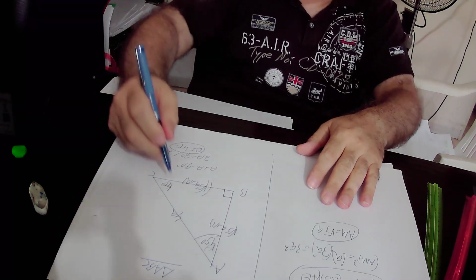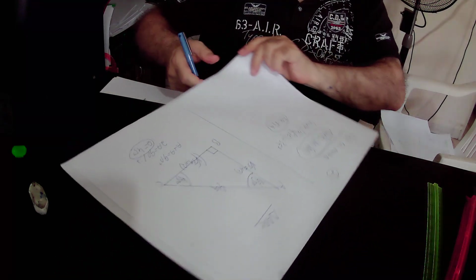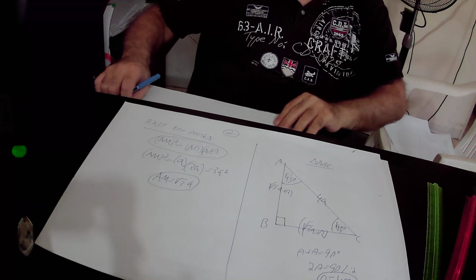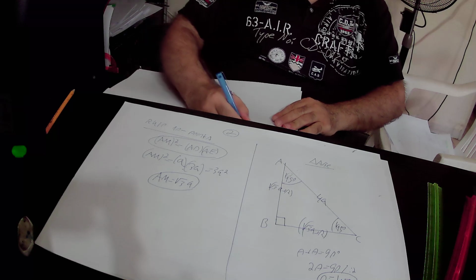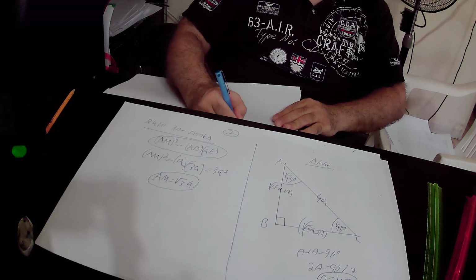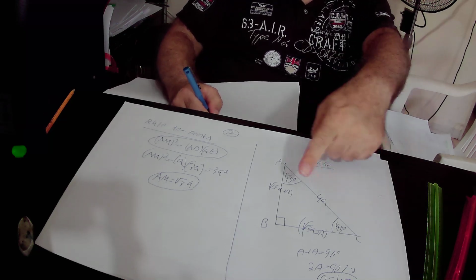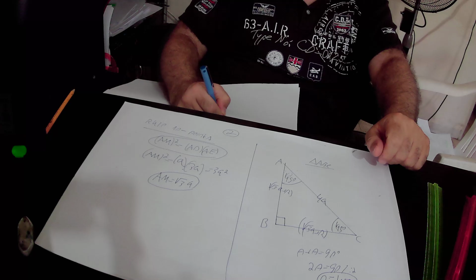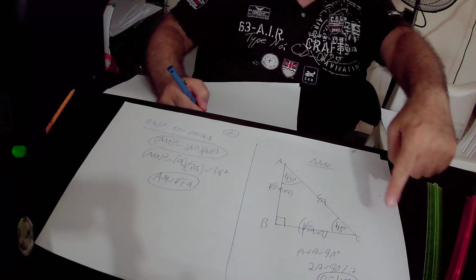So in the right triangle ABC, it is very easy to see that cosine 45 degrees is equal to BC over the hypotenuse AC. Cosine 45 degrees equals BC over AC.